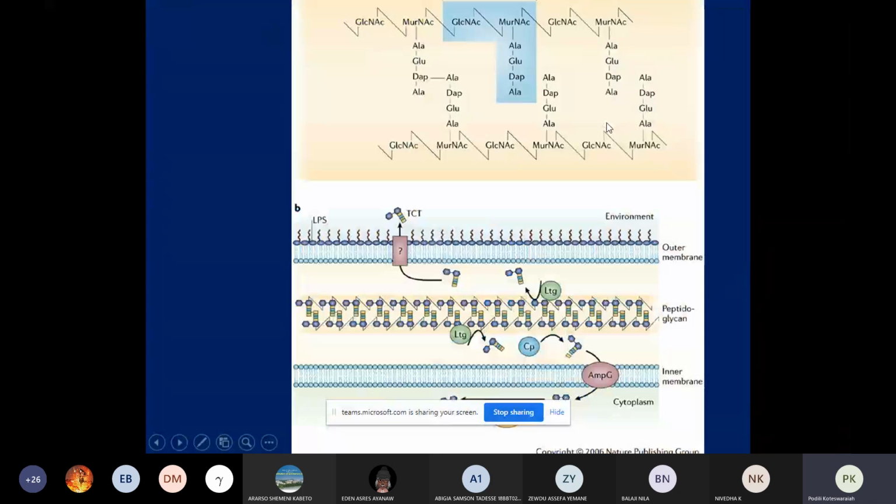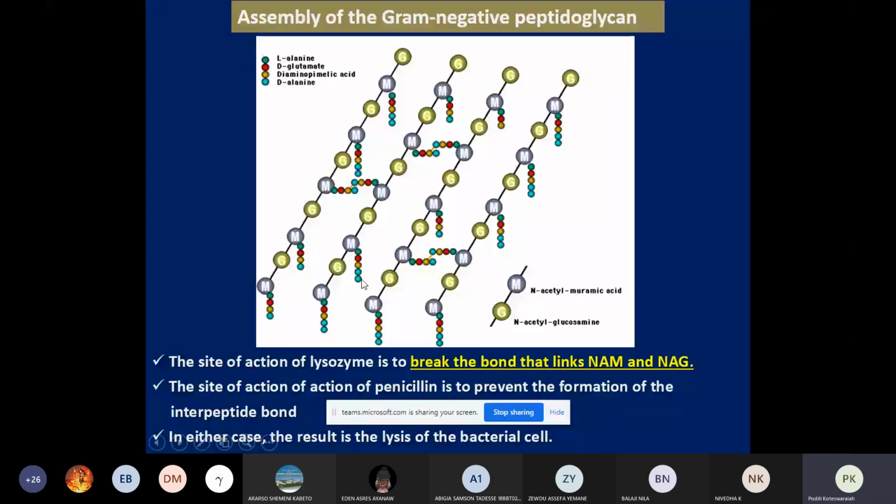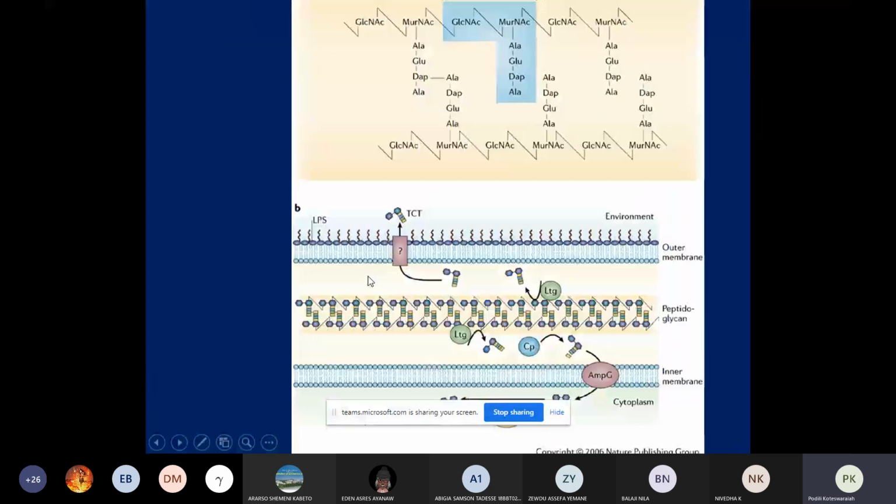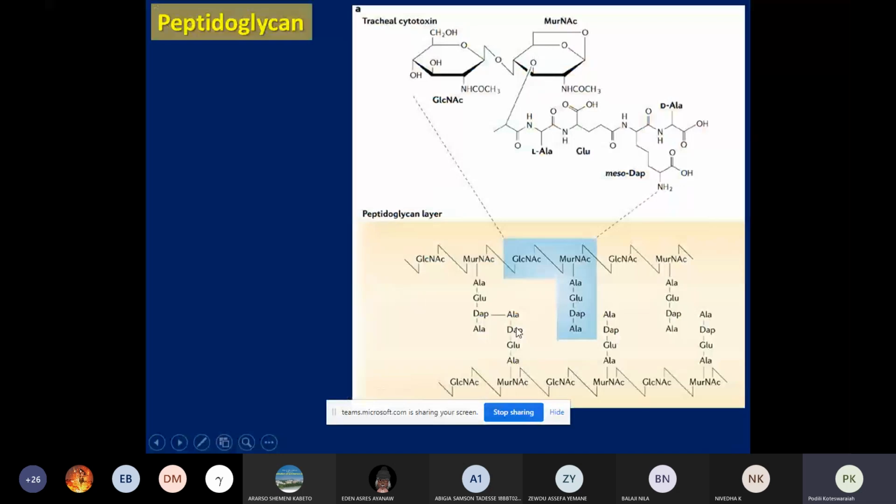Since the peptidoglycan is multi-layered, one NAG and NAM layer is connected to another NAG and NAM layer through a short peptide. You can notice that here. This peptide bond is catalyzed by the transpeptidase enzyme.